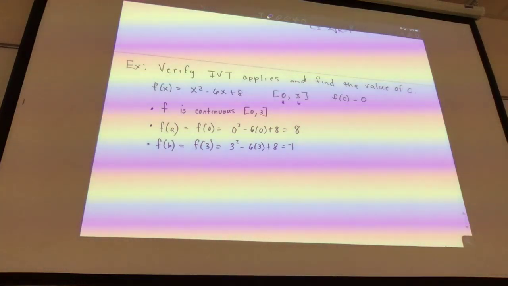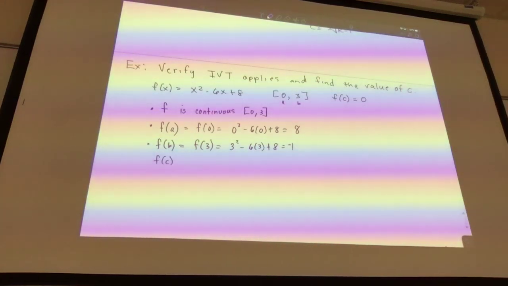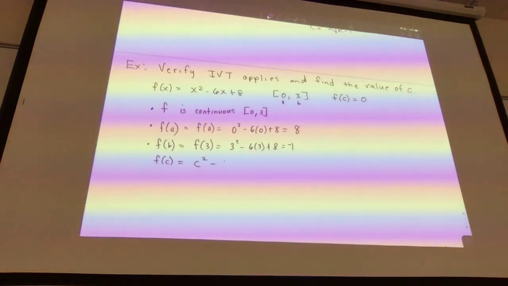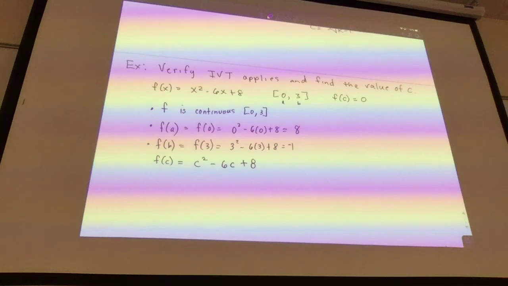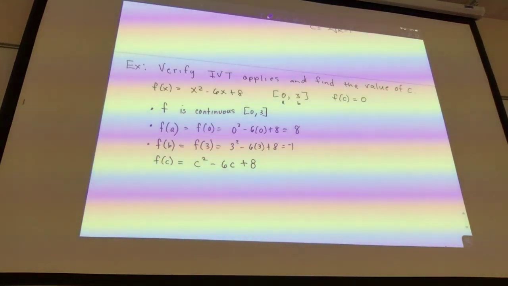All right. F of C would be C squared minus 6C plus 8. It says F of C is 0. Yep, we're going to work with that. But I'm still, each time I'll calculate f of C, now I can plug in a value for that.